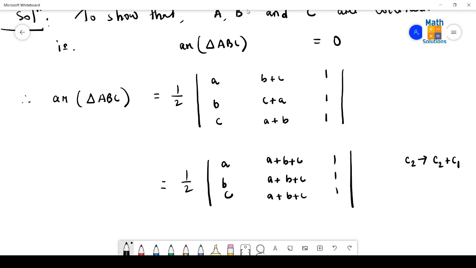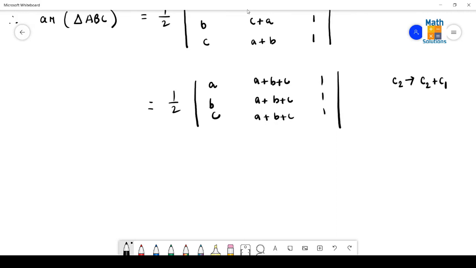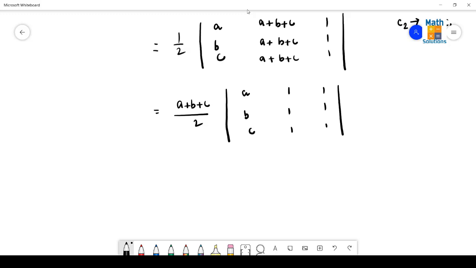So from the second column we can take common a plus b plus c. Then what will be left? a, b, c, here this is 1, 1, 1, again 1, 1, 1. So we find that in this determinant, two columns are identical. Therefore, the value of the determinant will be 0, because in a determinant, if there are identical rows or columns, then the value of the determinant becomes 0.